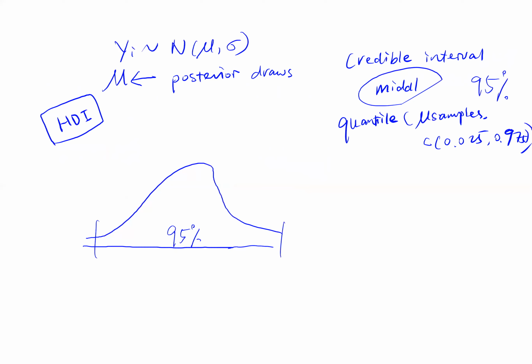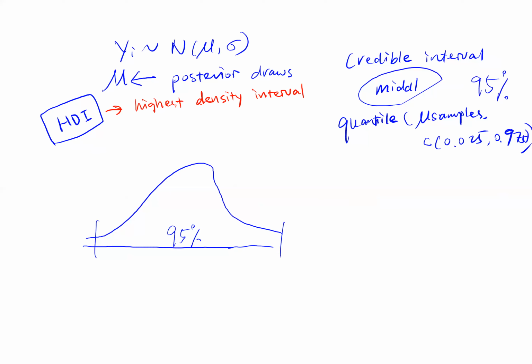So HDI stands for highest density interval. There's an available function to do it. The point is, I know this is the density of my posterior draws, the samples, and I only want the highest 95%.